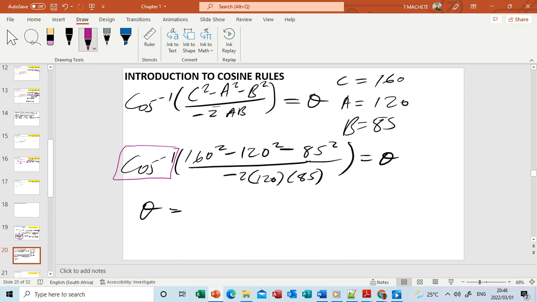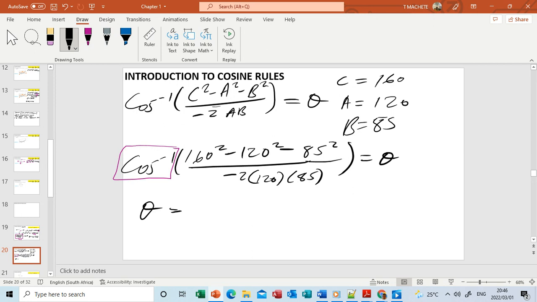Don't try that. So does anyone get this answer? What's this answer? It's arc cos of 160 squared minus 120 squared minus 85 squared, over 120, 85. You got 121. I got 101.